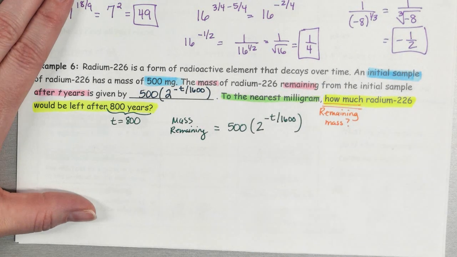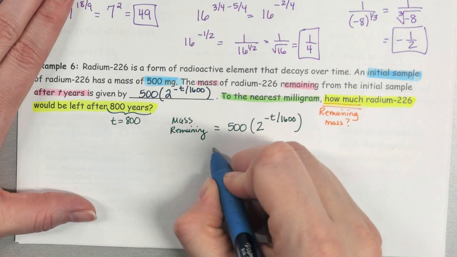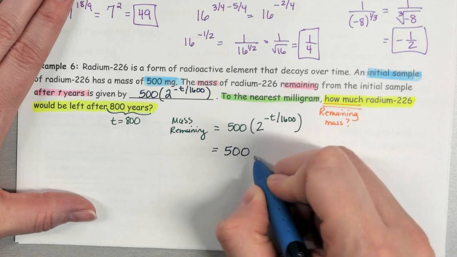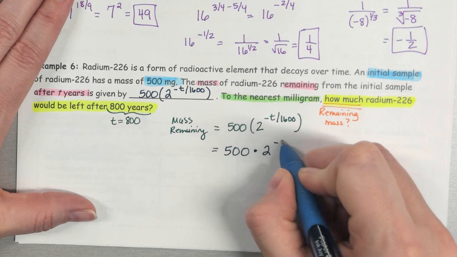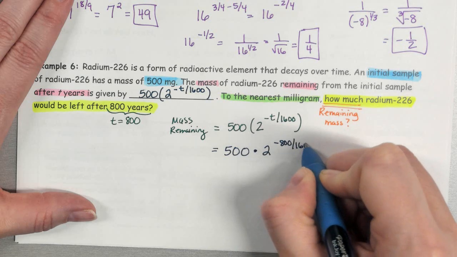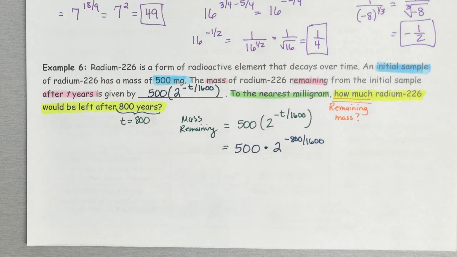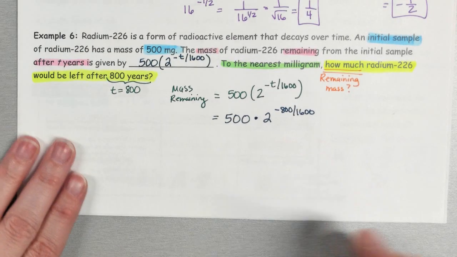So we're just going to substitute in 800. And really, the parentheses around it, it's the same thing as doing times 2 to the negative 800 over 1600. Okay, you're going to do the exponent before you multiply. So you're following the order of operations, so that's fine.